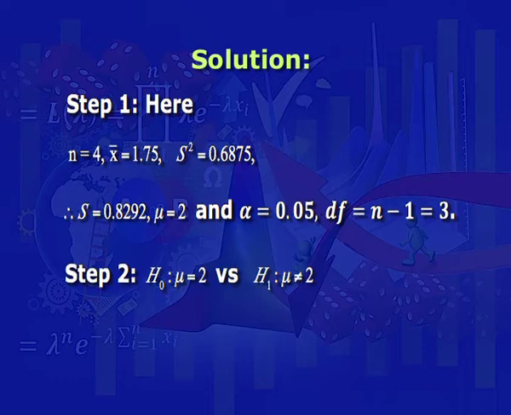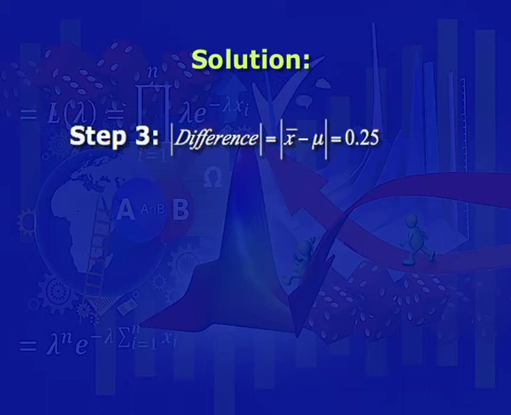Step 2. In this step we define our hypothesis, null hypothesis and alternative hypothesis. The null hypothesis H0 is mu equal to 2 versus alternative hypothesis H1 mu not equal to 2. Step 3. In this step we will define test statistic. Let us first find the absolute difference of x bar and mu.